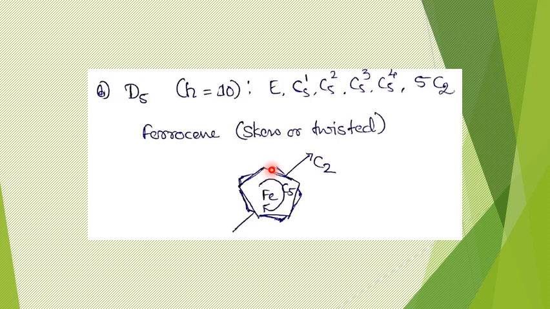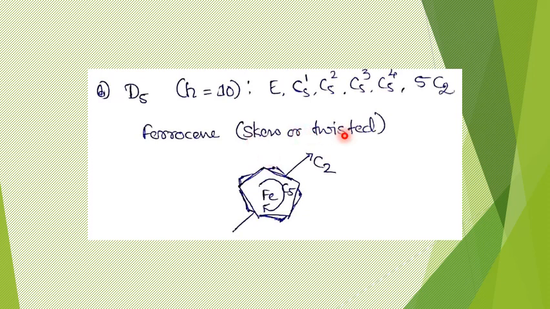And if it is staggered, whatever angle is to be followed, I think it's 108 by 2, so I hope it to be 54 degrees, I suppose so. You can just check it. So if 54 degrees is maintained, if I am not wrong, then that will lead the molecule to the staggered conformation. Otherwise, any other dihedral angle between these 2 atoms leads the molecule to the skew conformation or twisted conformation.